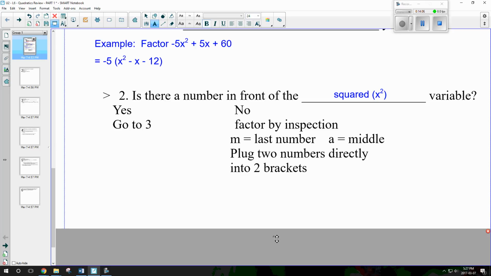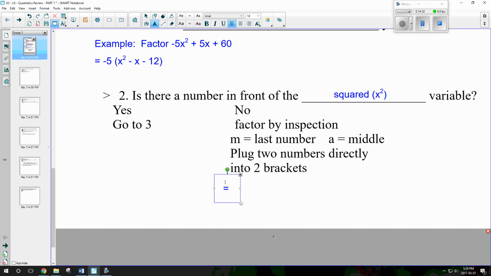So if you can recognize when we have no number in front of that x squared, remember that's one of those steps that saves you some trial, saves you some steps. So in that case, if we look at our previous example up here, once we common factored out that negative 5, what's left inside of this bracket doesn't have a number in front of that x squared, so we can do factor by inspection for that one.